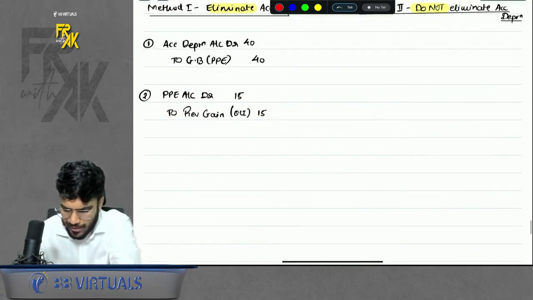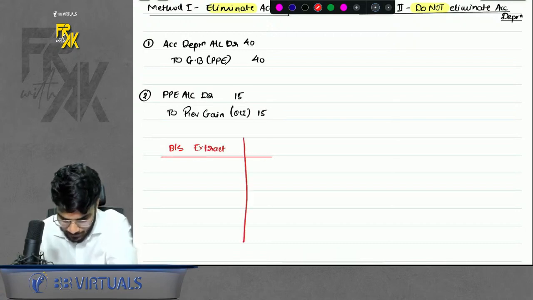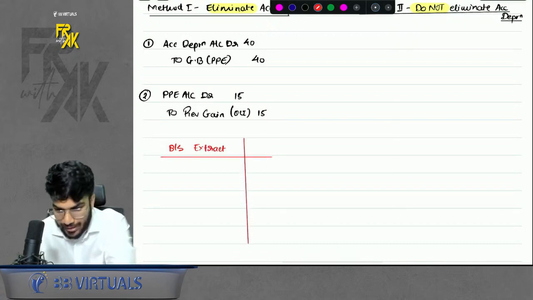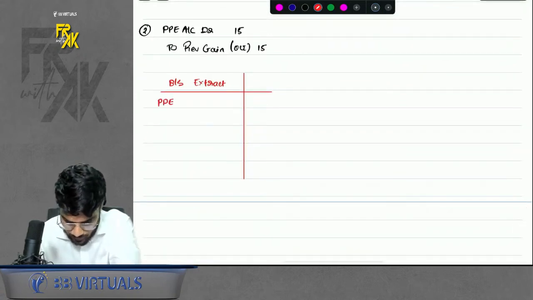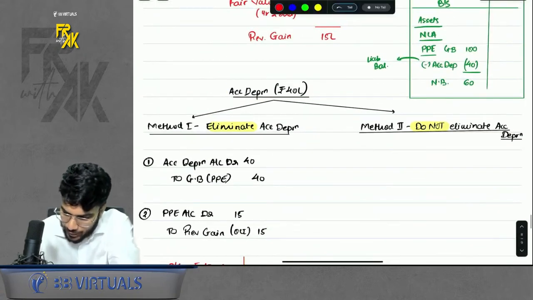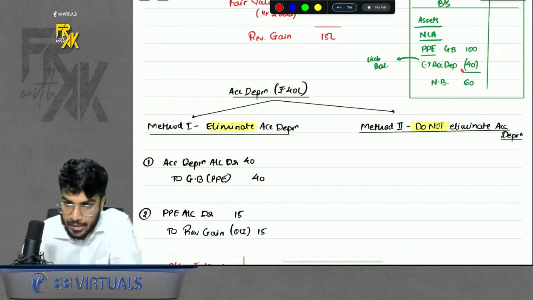So what are the effects of this entry? If I want to show you the effect, I can prepare one balance sheet extract. Just try to see the balance sheet extract as well. In our PPE, now after we eliminate the depreciation against gross block, our gross block and net block both become 60. Again, I'll repeat.